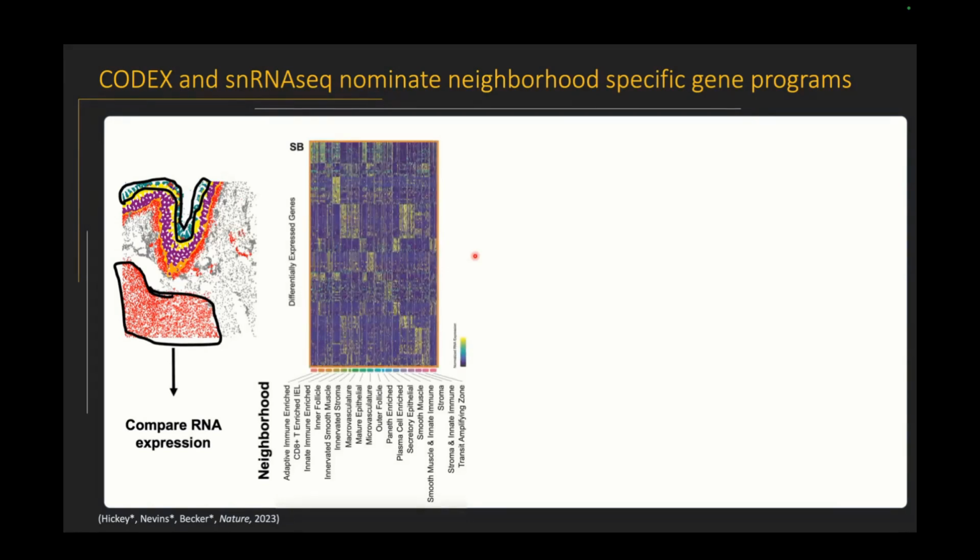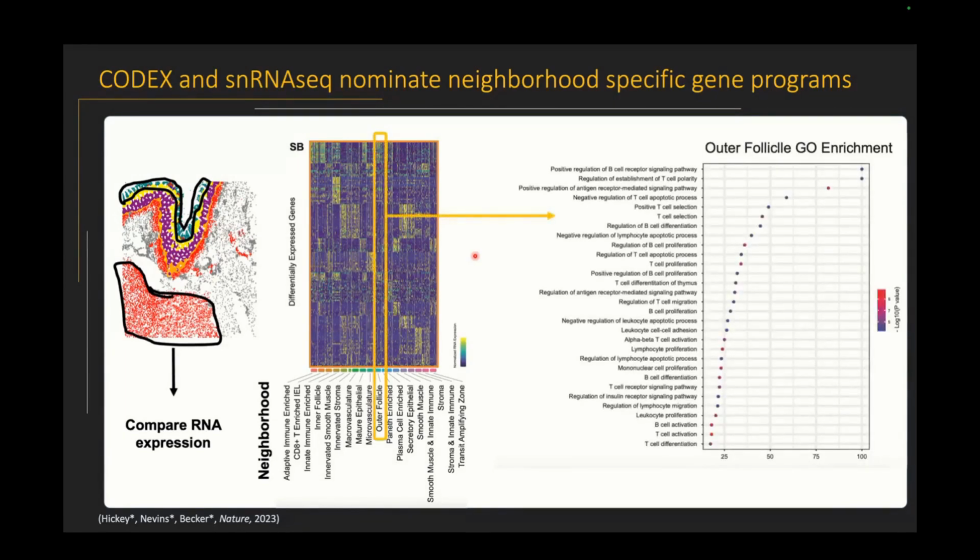We generated a lot of differentially expressed genes between each individual neighborhood and all other neighborhoods. And if we take an example such as outer follicle and put it into a gene ontology enrichment, we can start to see things that we would expect, like B cell receptor signaling, T cell activation, B cell proliferation, and regulation of these events.